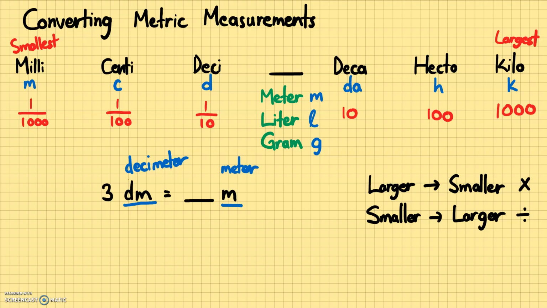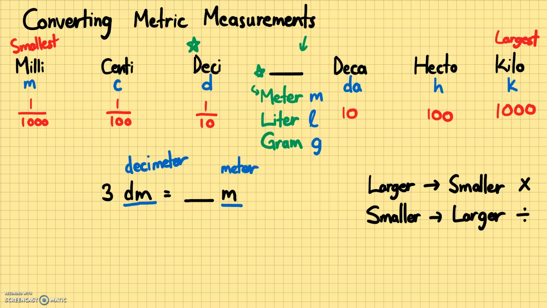Let's locate our decimeter and meter. Decimeter is right here, and meter is right here, where there's no prefix. So which one is bigger? This one right here is bigger. Meter is bigger than decimeter.